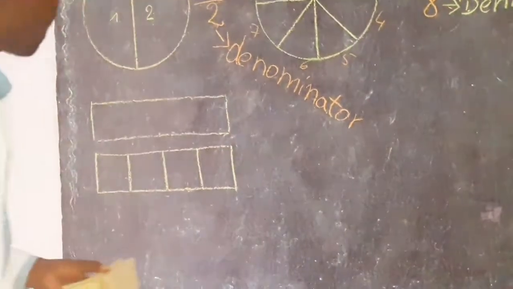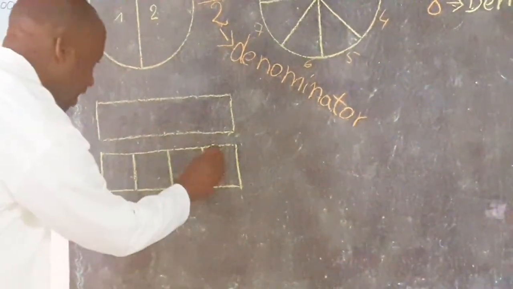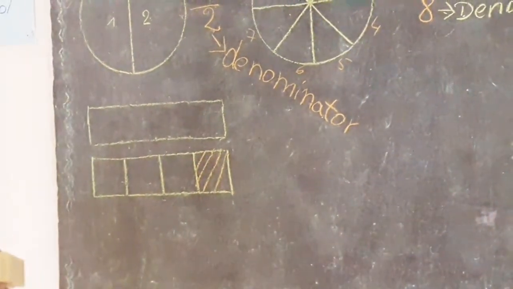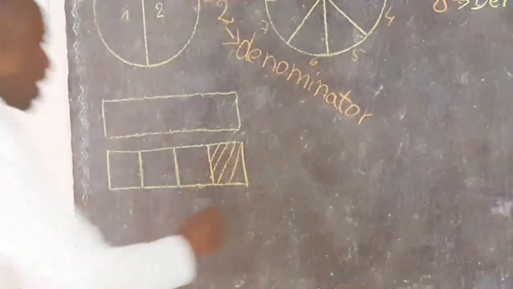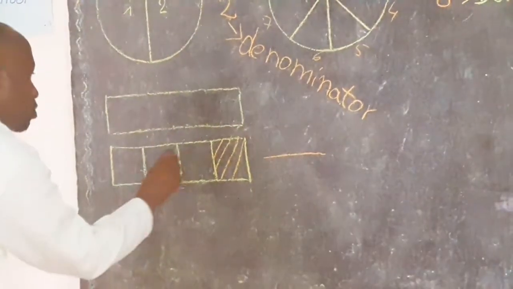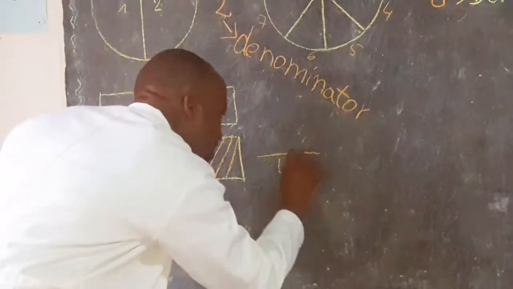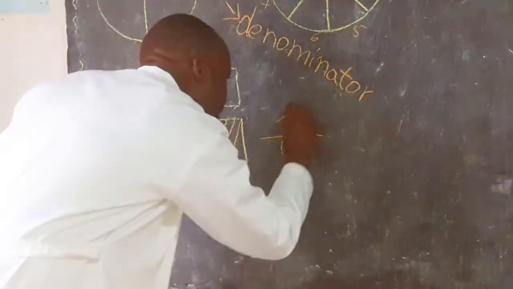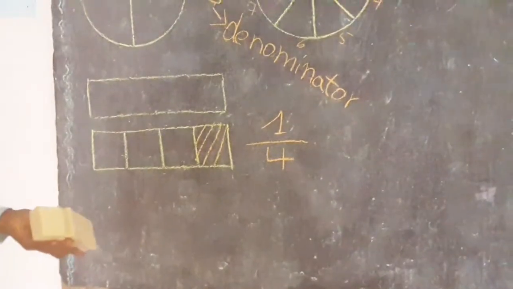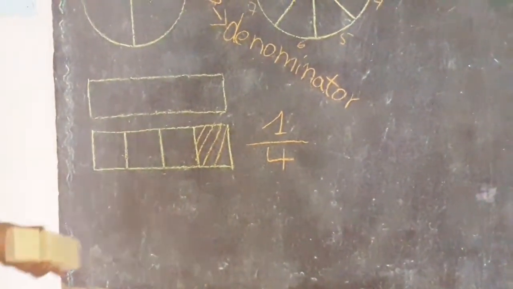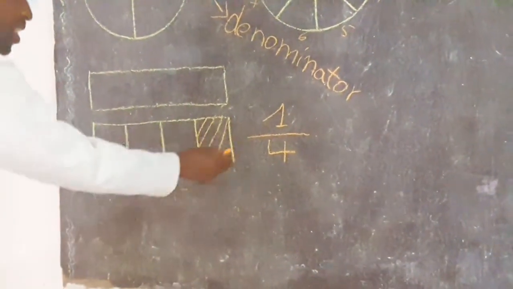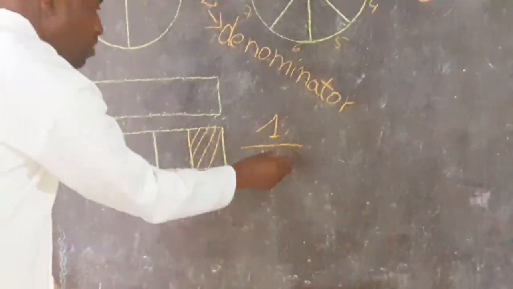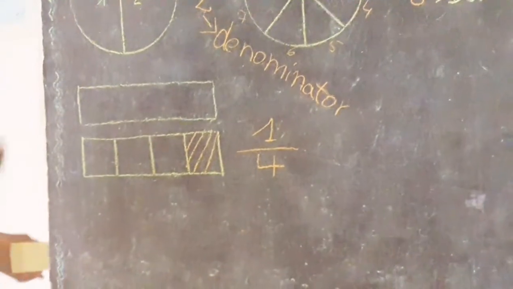I take 1, and the available parts are 4. This is denominator and this is numerator in our fraction. And it's written in a figure like this, 1/4. Good.